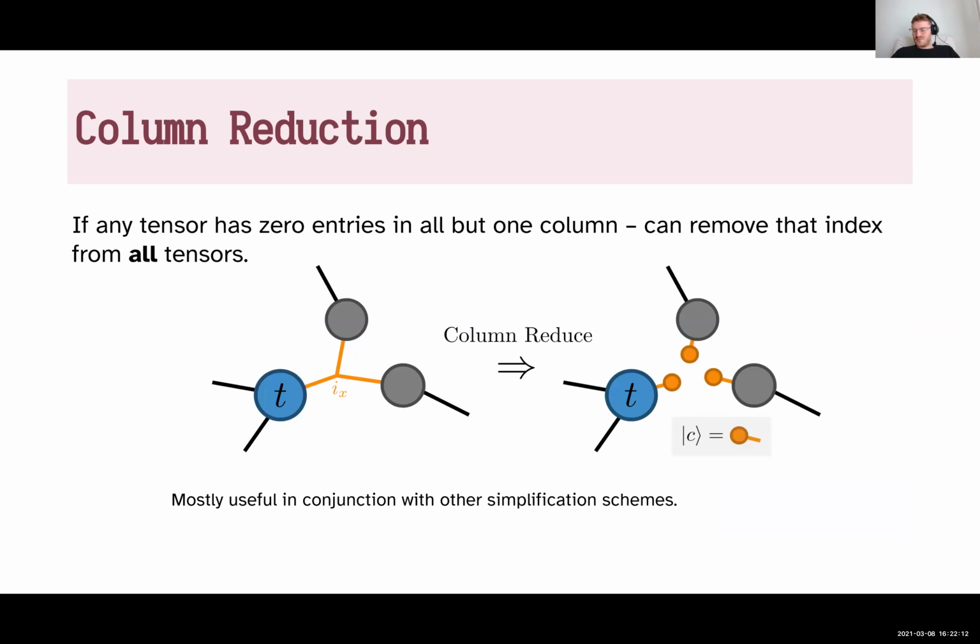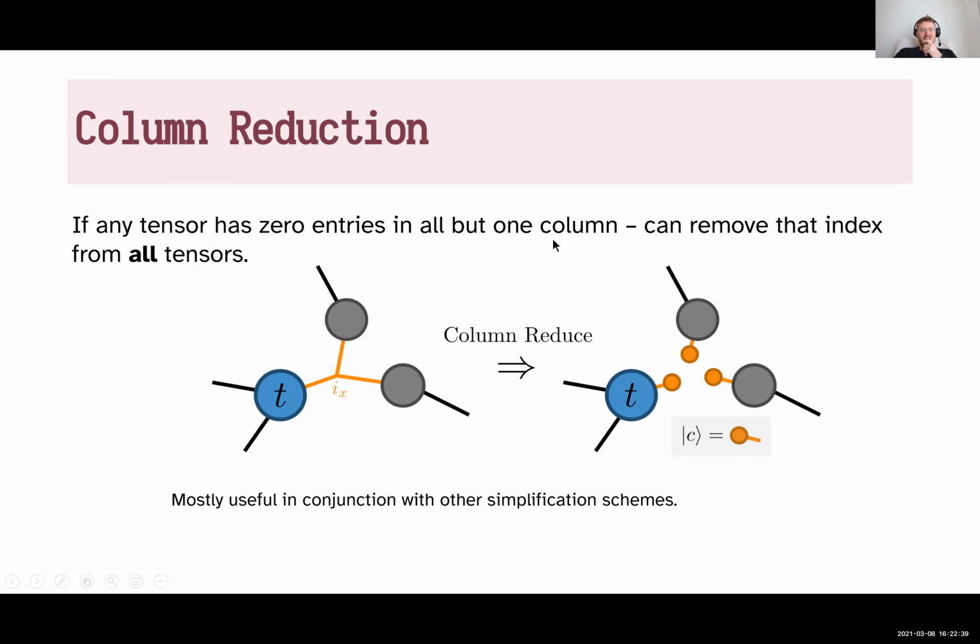Then the next very simple rule we might think of is this column reduction. So this is the first kind of rule that you'd think about looking inside a tensor. And you can just search tensors for 0 entries, and if they're basically all 0 apart from one column, for example, this tensor T has some axis index IX joined with several other tensors.